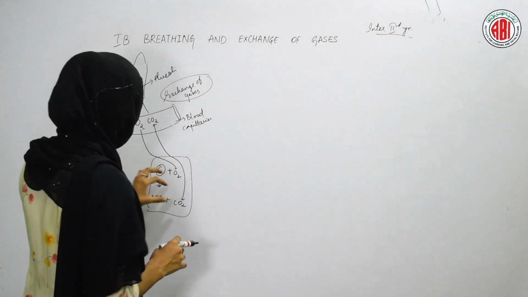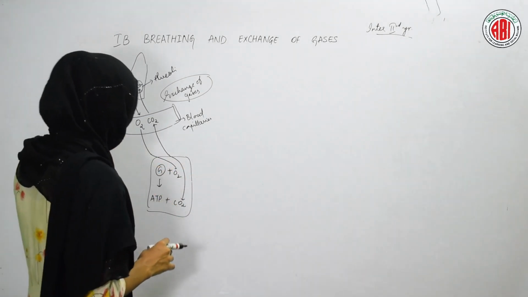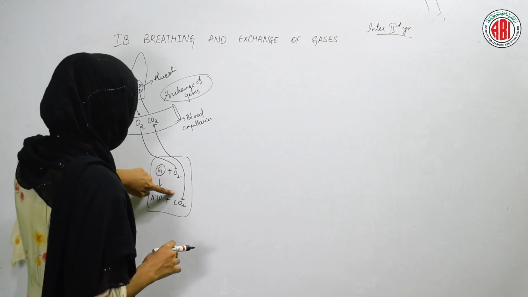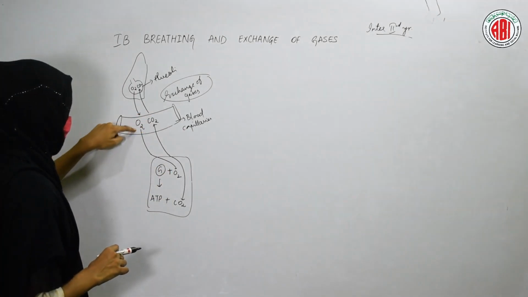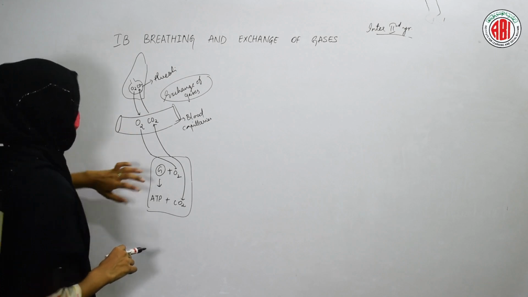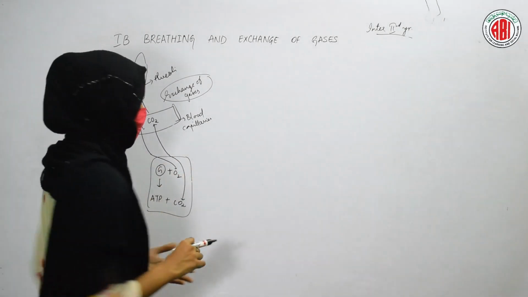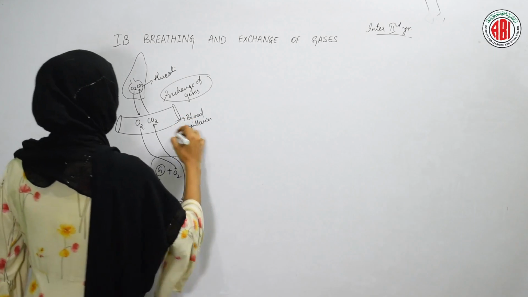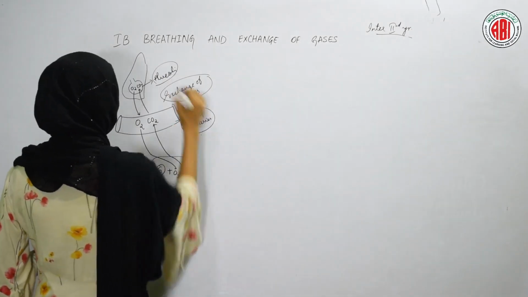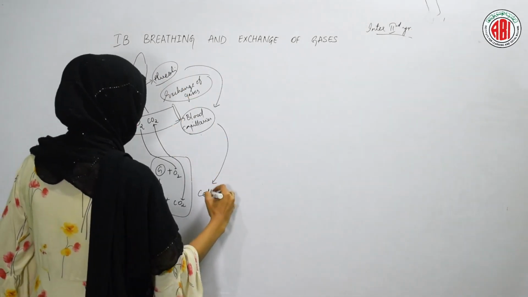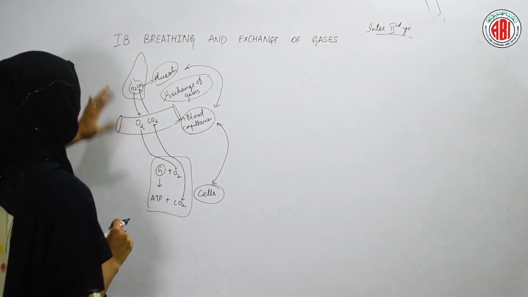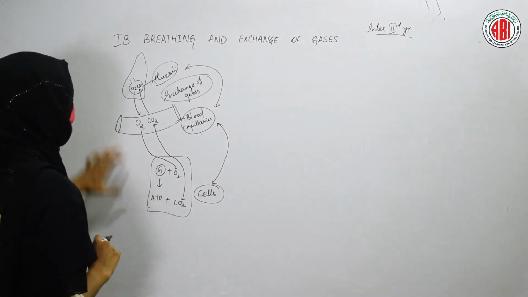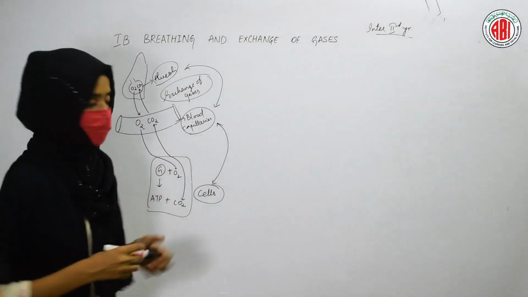The carbon dioxide which is formed in our cells is given to the blood capillaries, and oxygen from the blood capillaries is taken up by the cells. This is how another exchange of gases takes place, between blood capillaries and different cells of our body. This is how the exchange of gases takes place in the process of respiration.